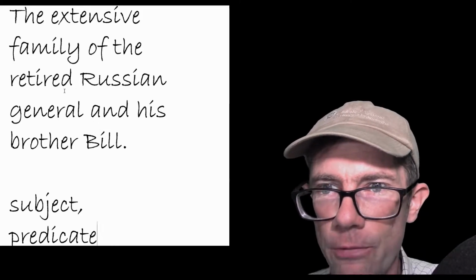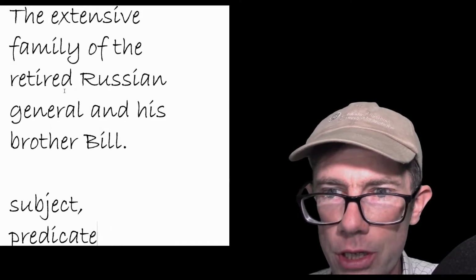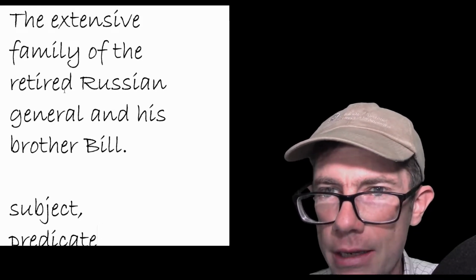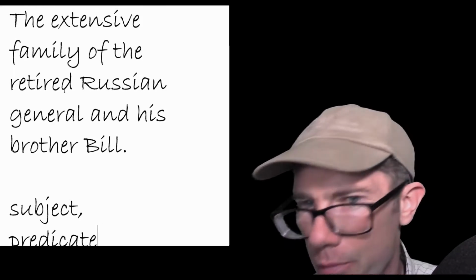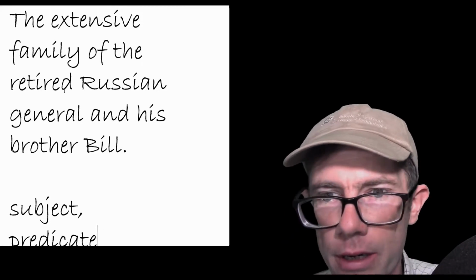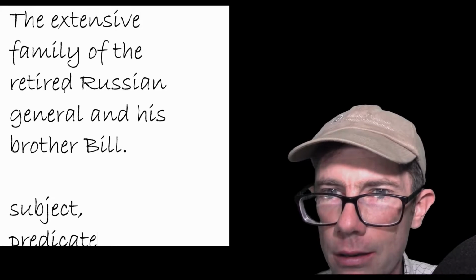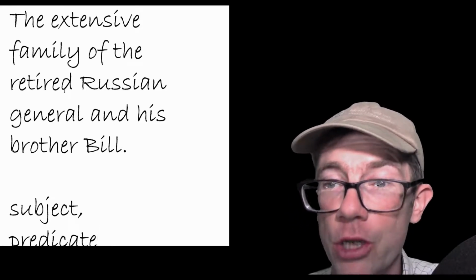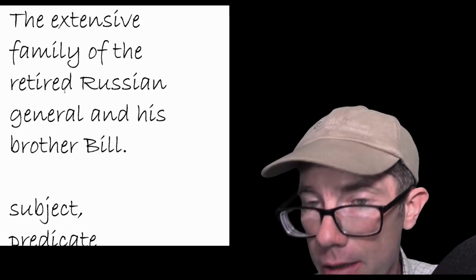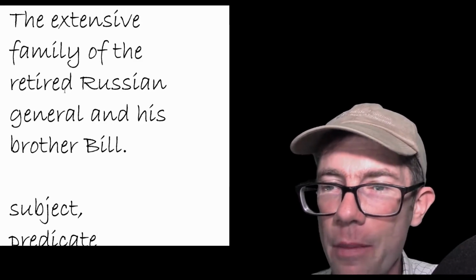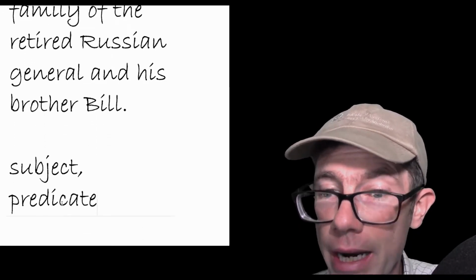The extensive family of the retired Russian general and his brother Bill. So we know who this sentence is about. Something to do with a family and his brother, Bill. Okay. But we don't know what the extensive family of the retired Russian general is or does. Something's missing, and the bit that's missing is the predicate.